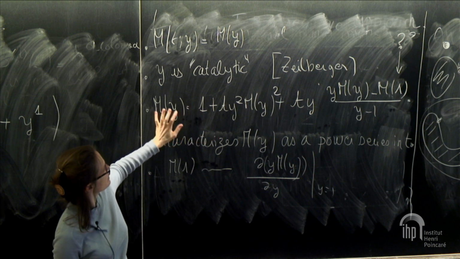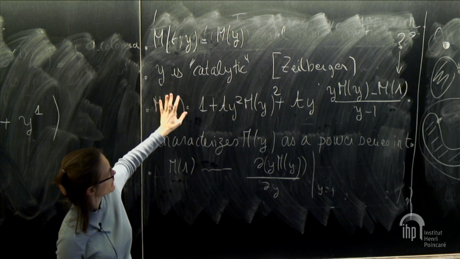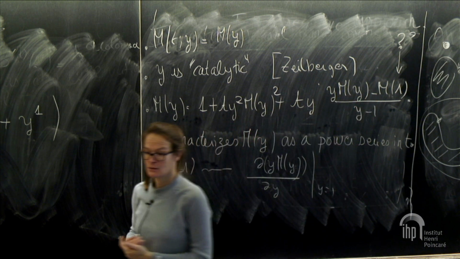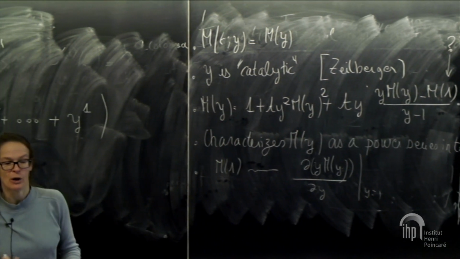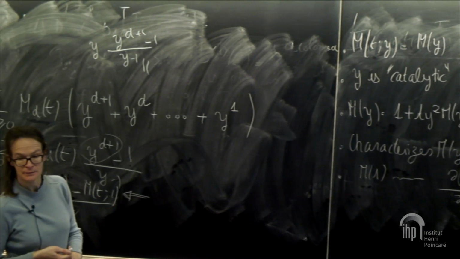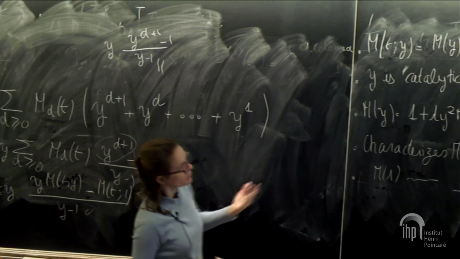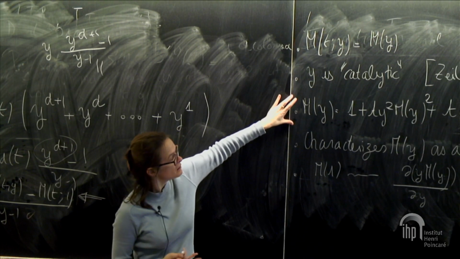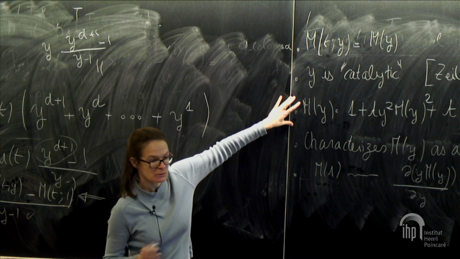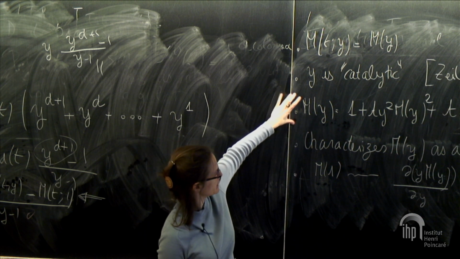But if you do that, this term multiplied by 1 minus 1 will cancel, this one too, and here as well. So if you multiply by y minus 1, you get something that's tautological when y is 1. So what I claim here is that how to solve this is not completely obvious. We'll see this afternoon what we can do with that.